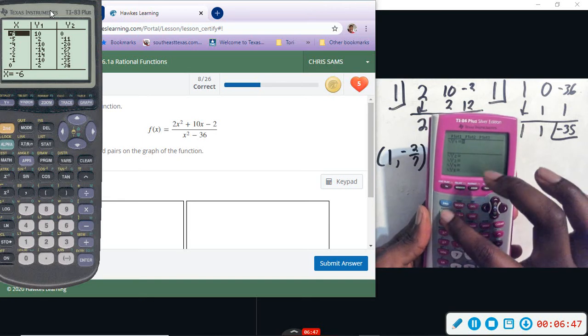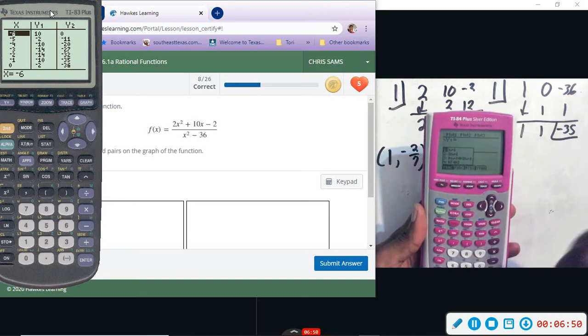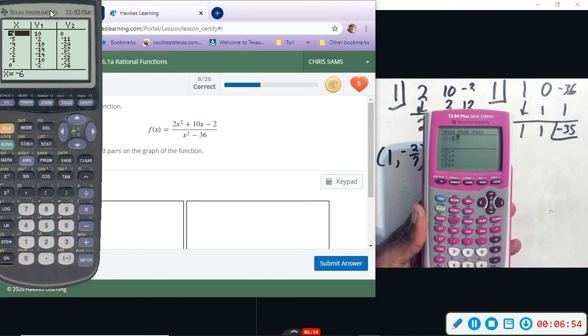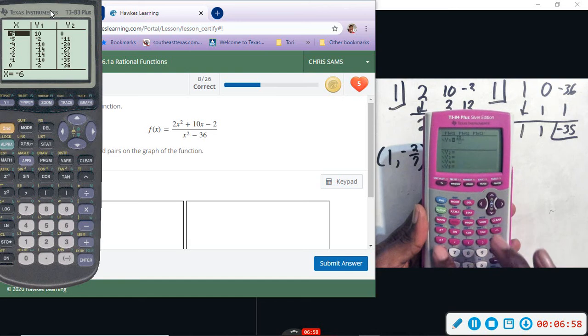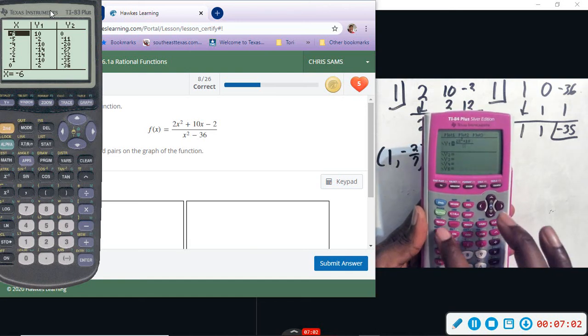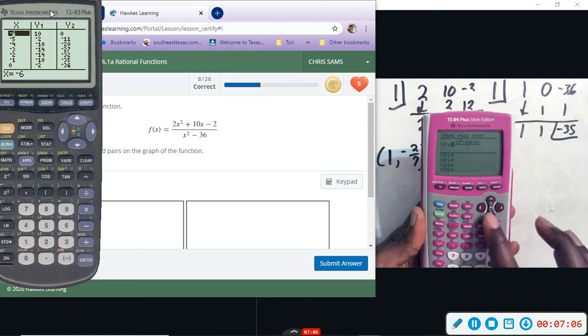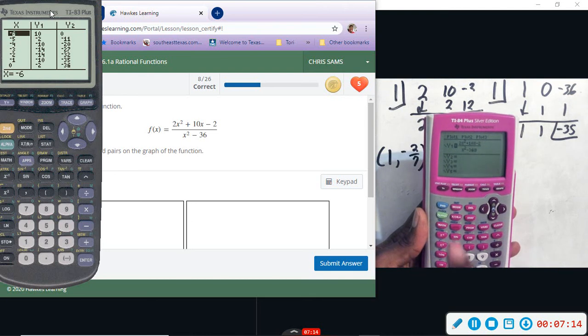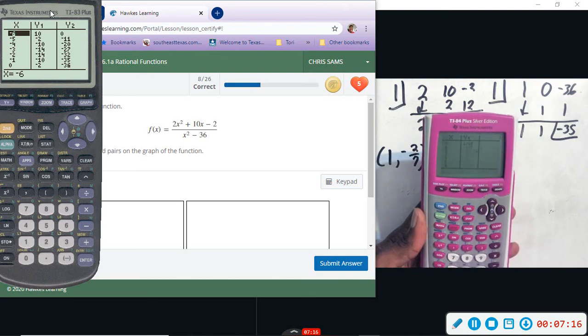So if I hit alpha, y equal, and then enter, it makes this fraction bar for me. I'm going to type in that equation, 2x squared plus 10x minus 2. Arrow down. I'm going to do x squared minus 36.